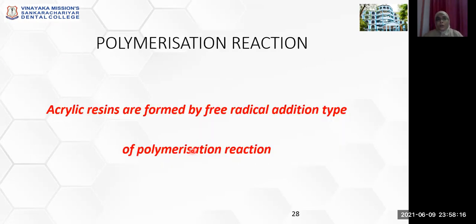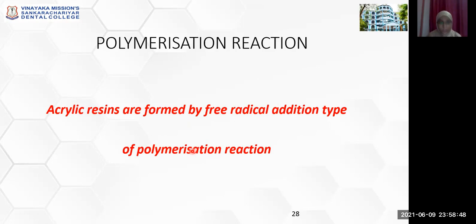Now that we have seen the several advantages, we have to see the polymerization reaction of these resins: how these resins are formed, and what the basic chemistry behind denture base resins is. The keyword is addition. I told you resins are nothing but dental polymers, and a polymer is a larger molecule made up of repeating units of smaller molecules.